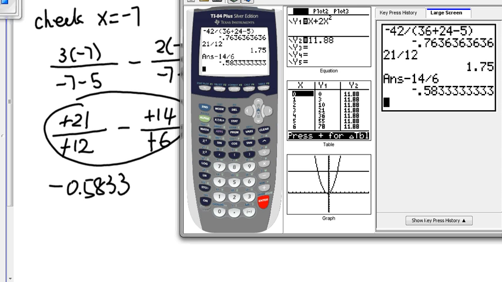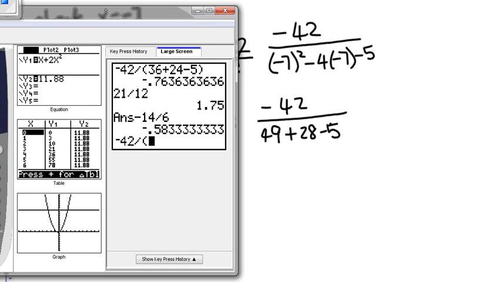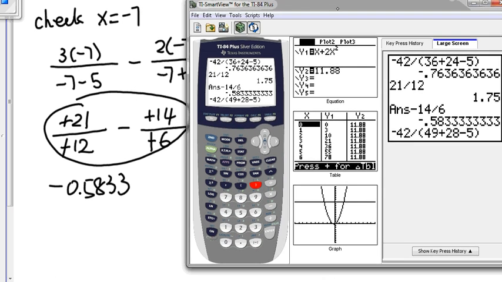Divide by 49 plus 28 and minus 5. Close the parenthesis, and now you hit enter.